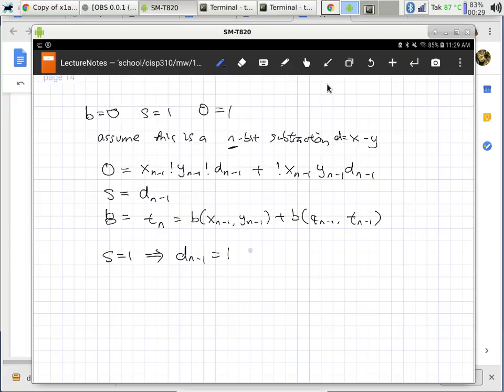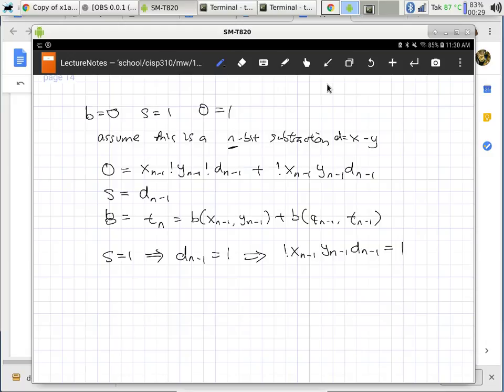So this further implies, okay, the overflow is, we know that the negation of x n minus 1, the non-negative version of y n minus 1, and the non-negative version of d n minus 1 is a 1. How is that going to help me? Well, that nails down every single bit, right? Because in order for this entire conjunction to be a 1, I already know d subscript n minus 1 is a 1 already.